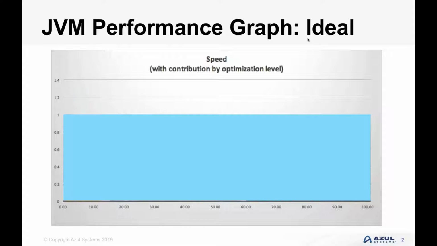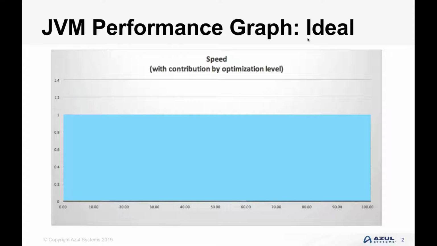If you had a perfect JVM, this is the performance you would expect from it. When we start our application, the JVM runs at 100% of its possible performance straight away, and continues to run at 100% all the way through the time that you're running your application. That's exactly what we want.